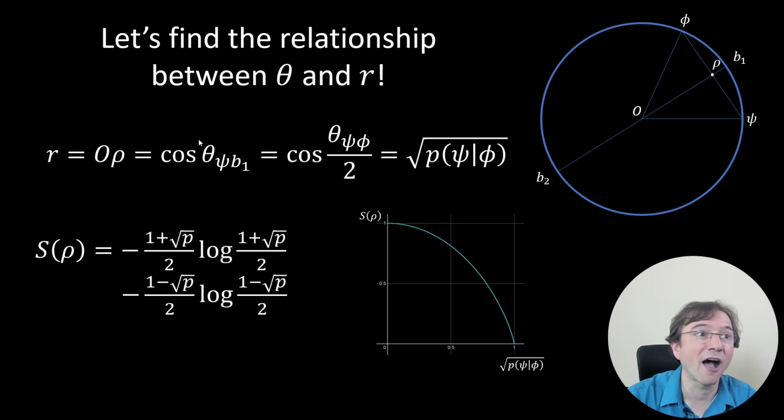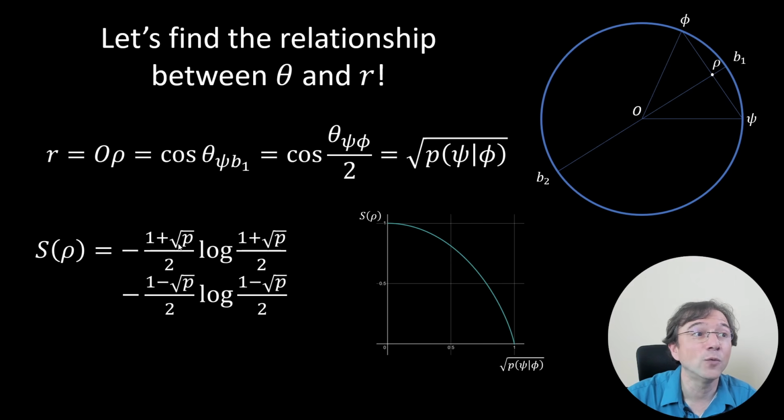So we have that R is the cosine of theta divided by 2, where theta is the angle between the two states. But this, as we saw before, is just the square root of the Born rule. So the relationship between R and the Born rule is actually quite simple. And therefore, our entropy is just going to be the same function that we had before.